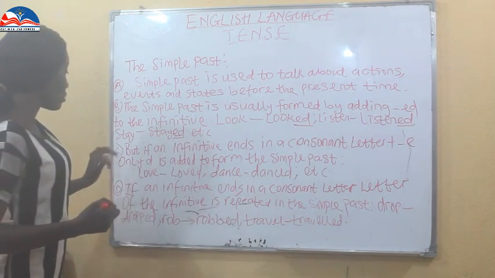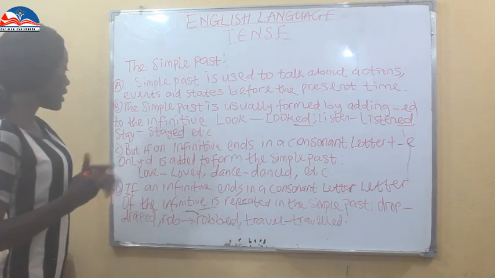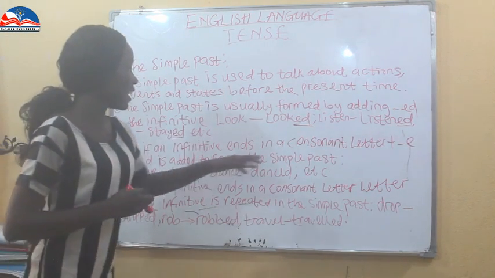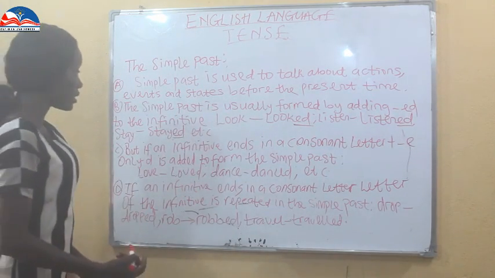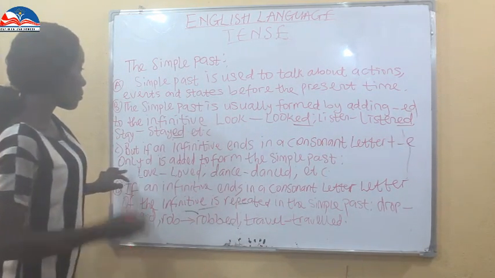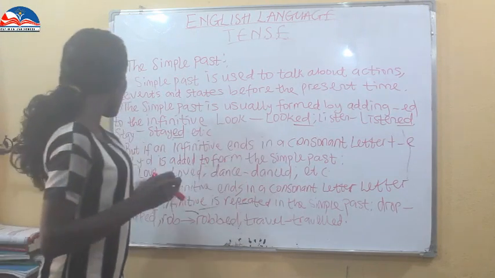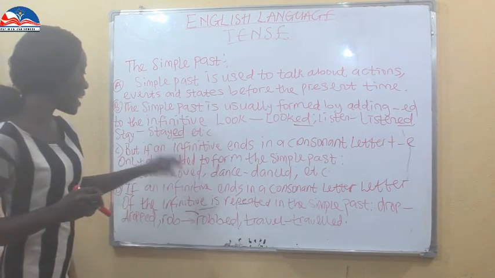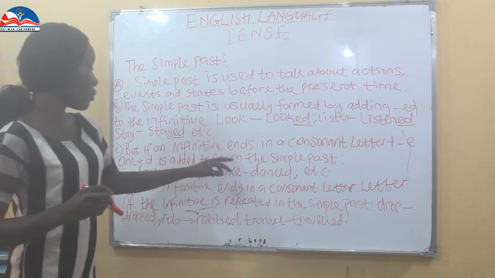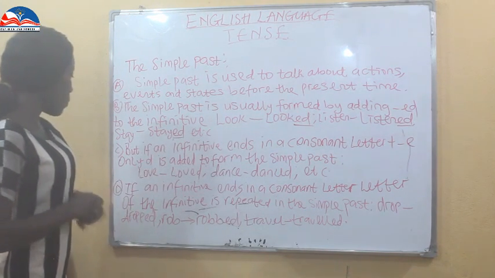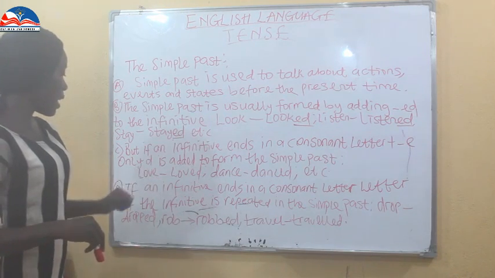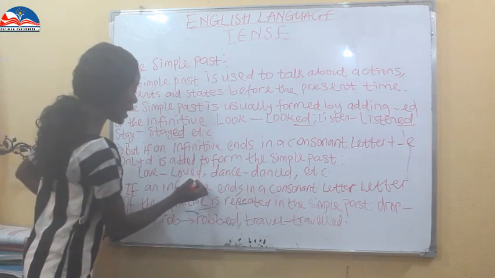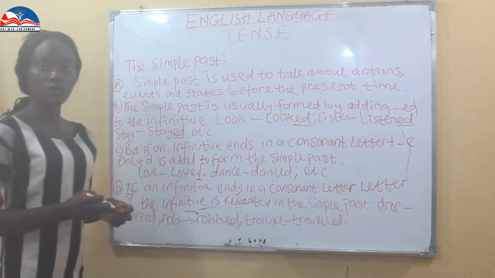Now the next part: if an infinitive ends in the letter e, only d is added to form the simple past. We have love, and with the addition of d, loved.